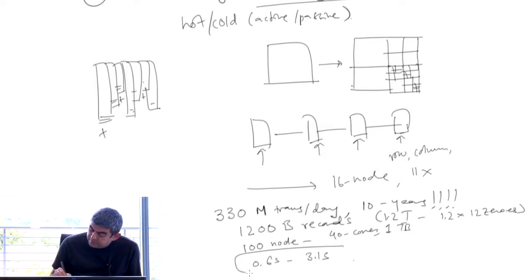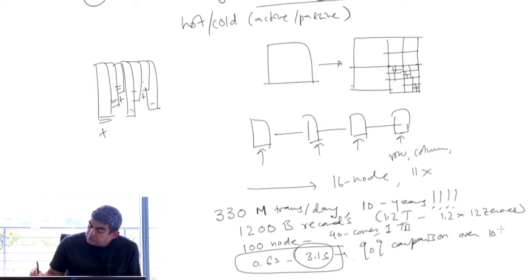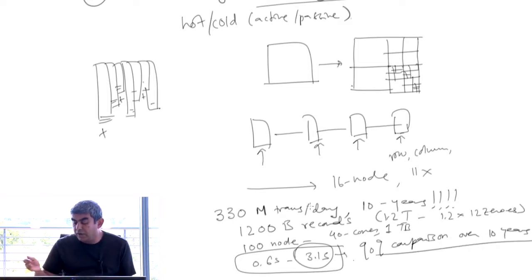The only question that went past 2 seconds was this 3.1 second one, which was a quarter over quarter comparison over 10 years. These are the kind of questions that on this kind of data would run for days on other infrastructure, and here in HANA that runs within a couple of seconds. So that is the benefit of partitioning and scale out.